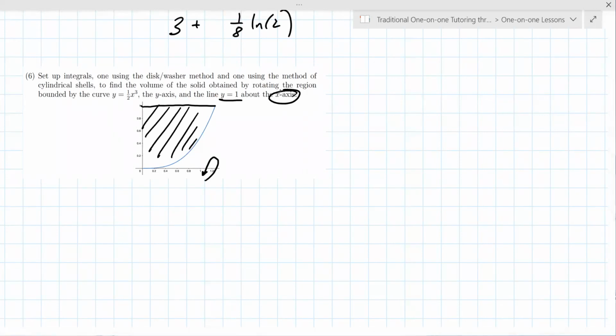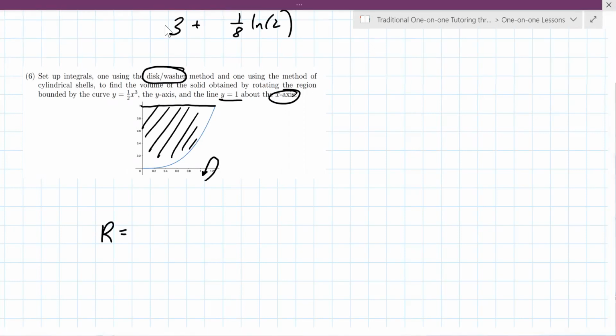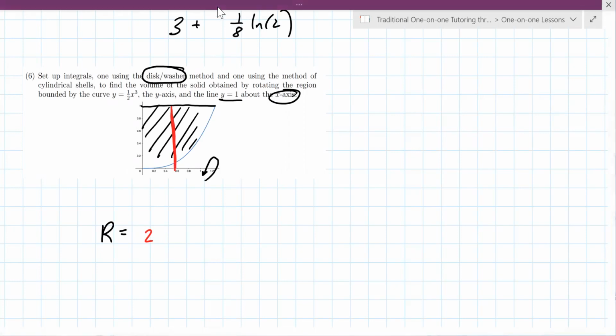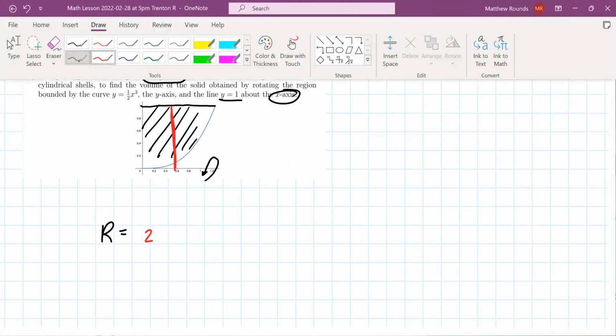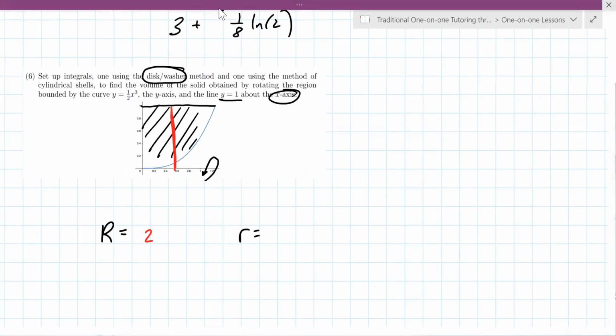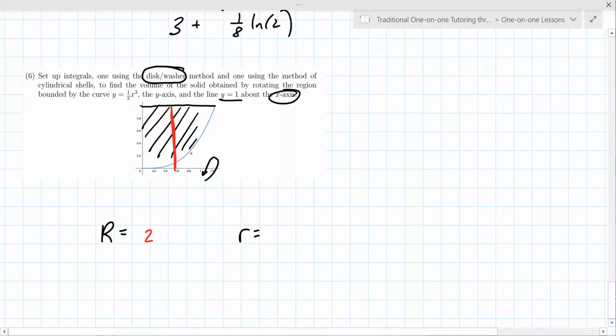Okay. So the more straightforward one here is probably disk washer. Your big R is this radius right here. So that's just 2. And then your little r is this distance here.